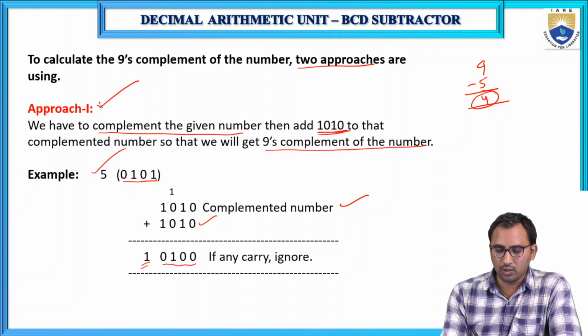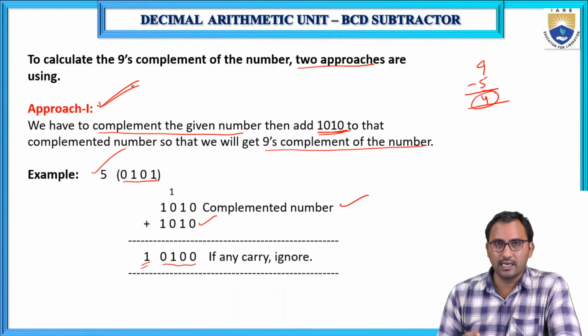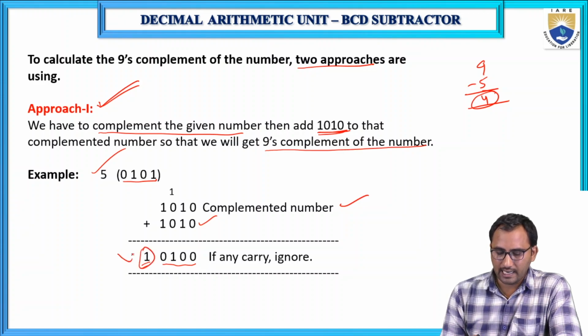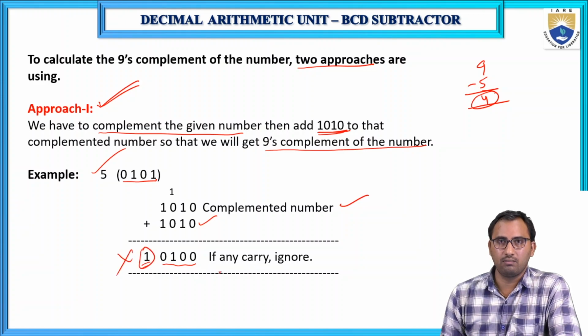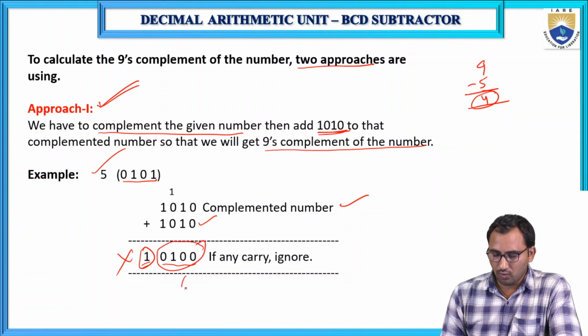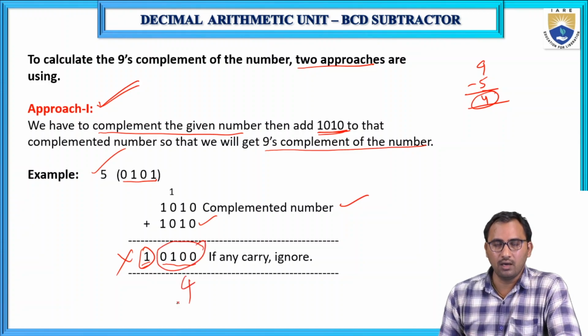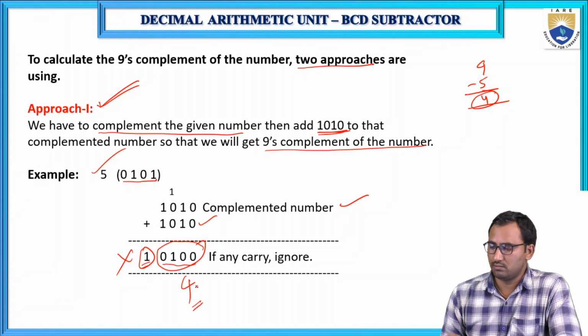In the first approach, if any carry is generated, then we can neglect it. We have to ignore it. So 0100, that is equal to 4. So we got the 9's complement of 5. The answer is 4.